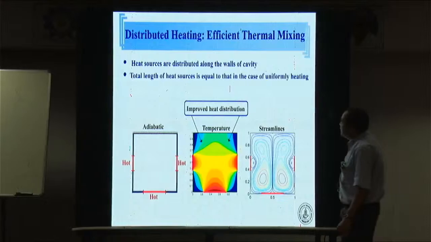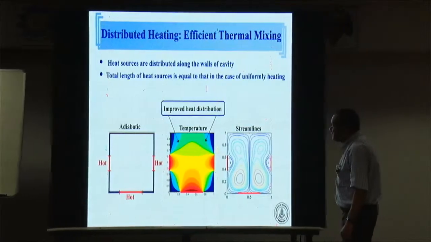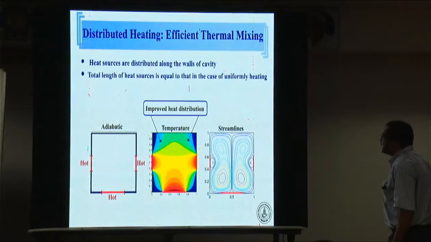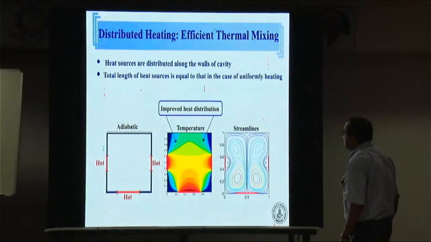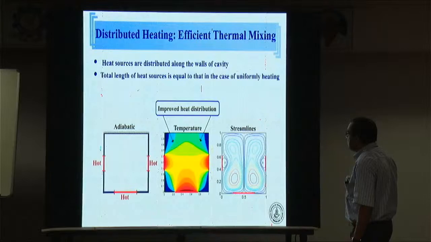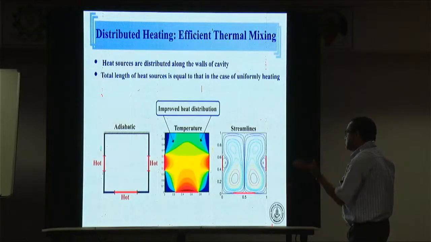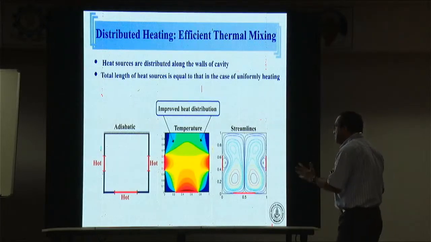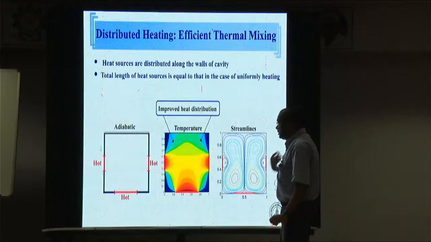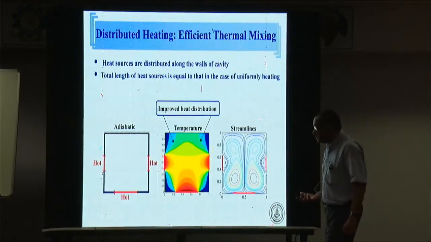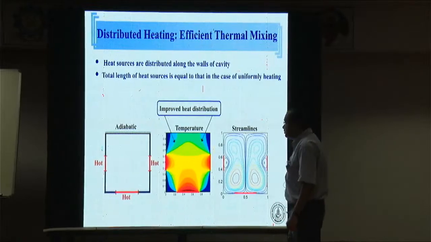So, distributed heating for efficient thermal mixing: heat sources are distributed along the walls of the cavity, and the total length of heat sources is equal to that in the case of uniform heating. We have seen that if you have complete bottom heating, the top portion has cold pockets, which is not the objective, because the objective is uniform heating, and that purpose is completely gone.